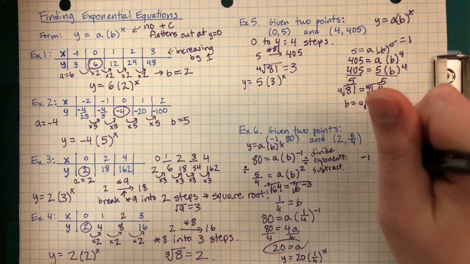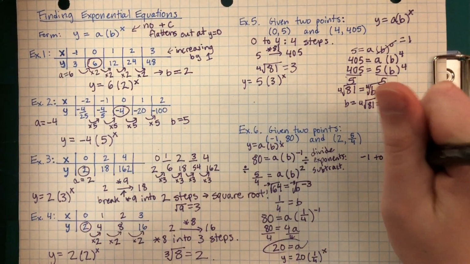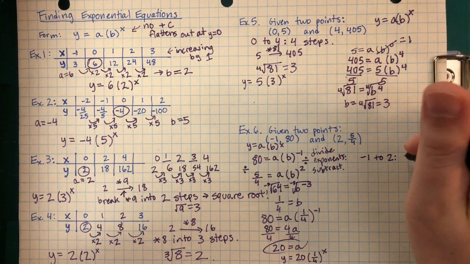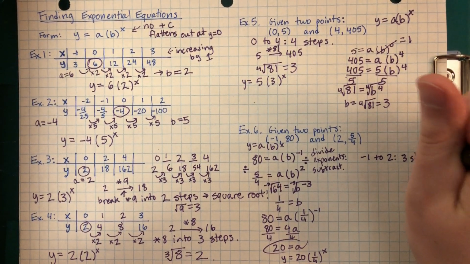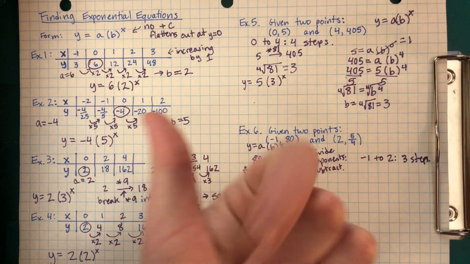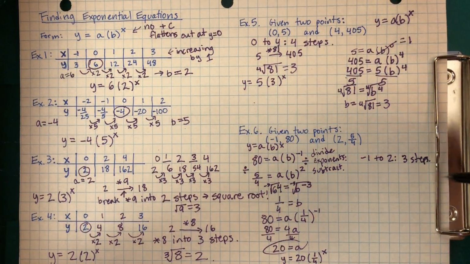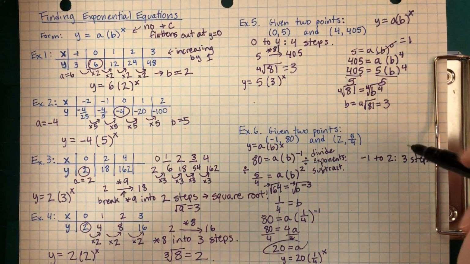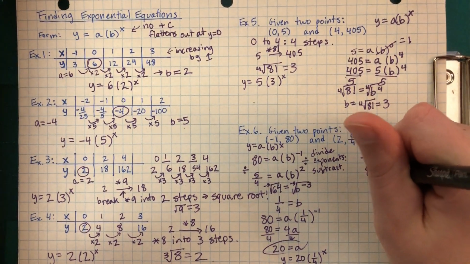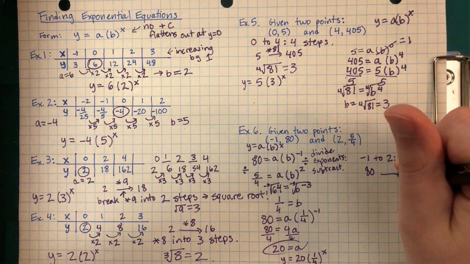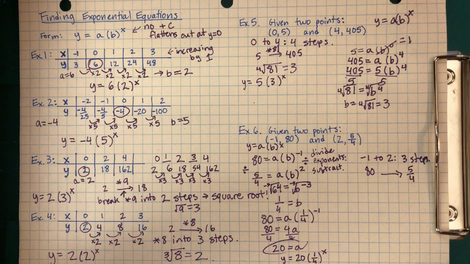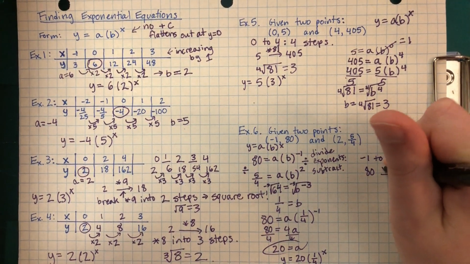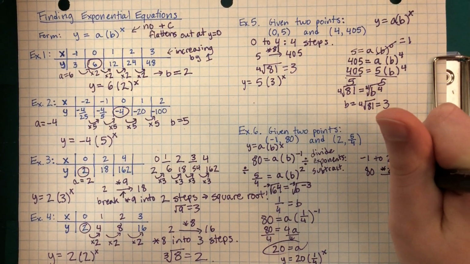So between -1 to 2, that is 3 steps, right? -1, 0, 1, 2. 3 steps between those two. And then between 80 to get to 5/4, I needed to divide by 64, or that's the same as multiplying by 1/64.